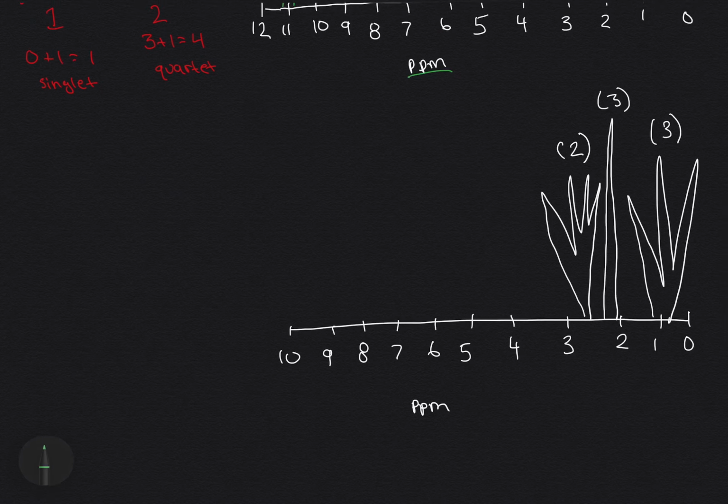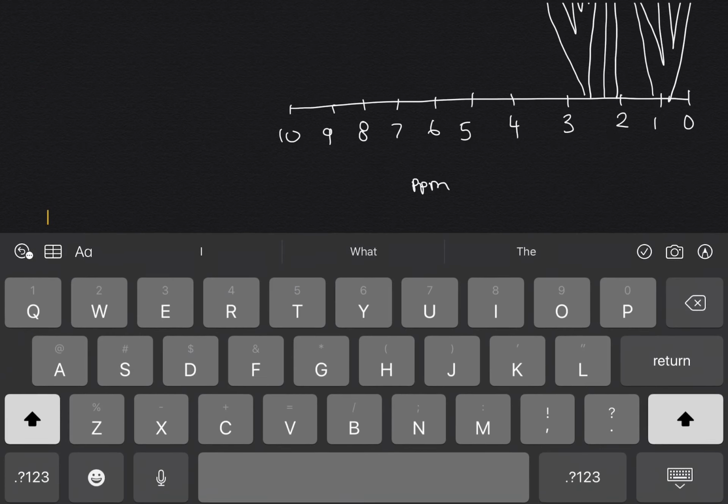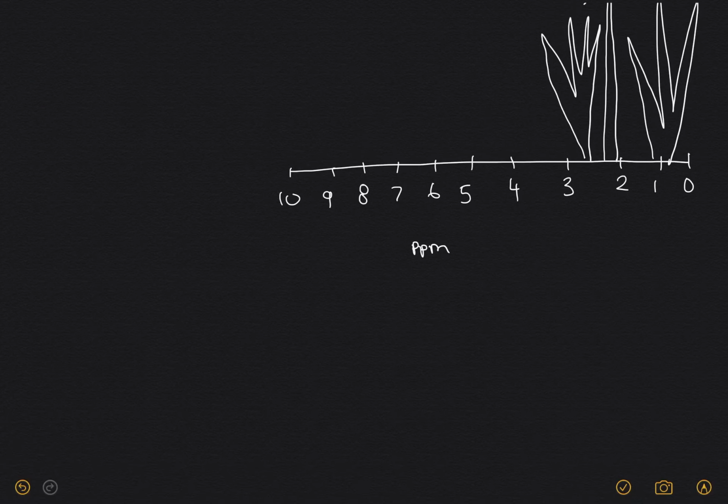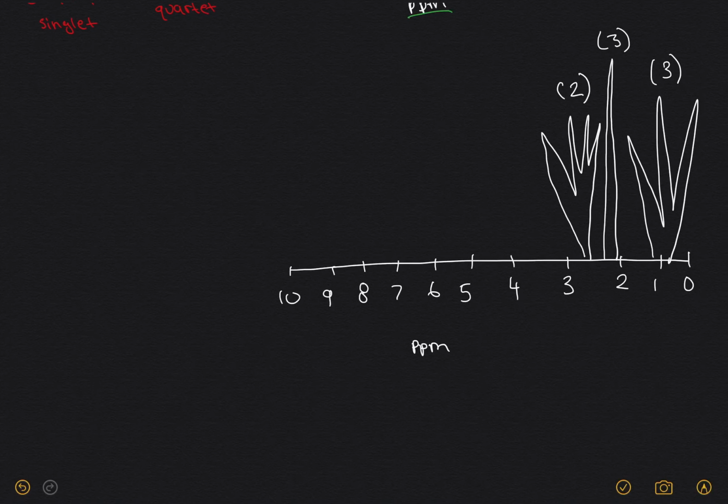Okay, so now we are given our HNMR spectrum, and we're asked to draw the molecule for it. This is a little more realistic in lab, because it's an unknown molecule and you don't know what the structure is. But let's start with everything that we know, and just write it out for each peak.